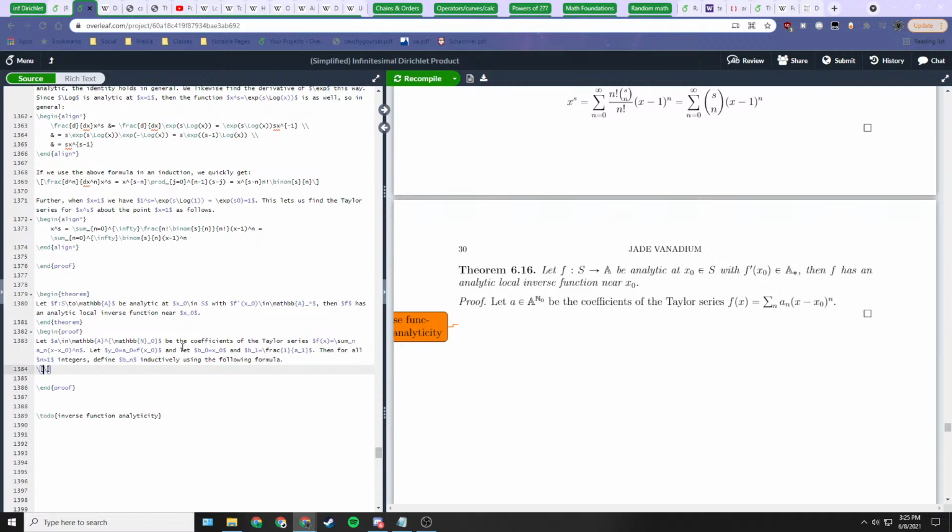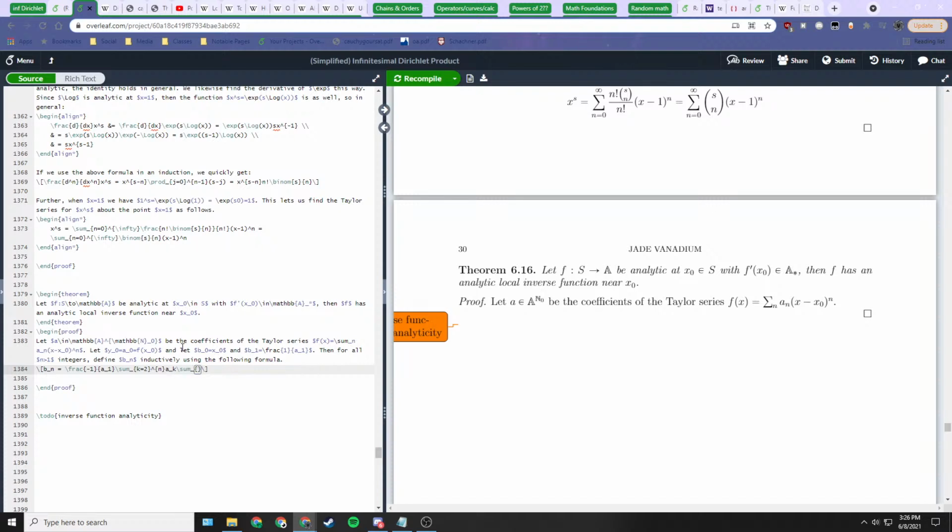So the formula that we need is: b sub n equals negative 1 over a sub 1 times the summation, k equals 2 up to n, of a sub k, and then we have the summation.